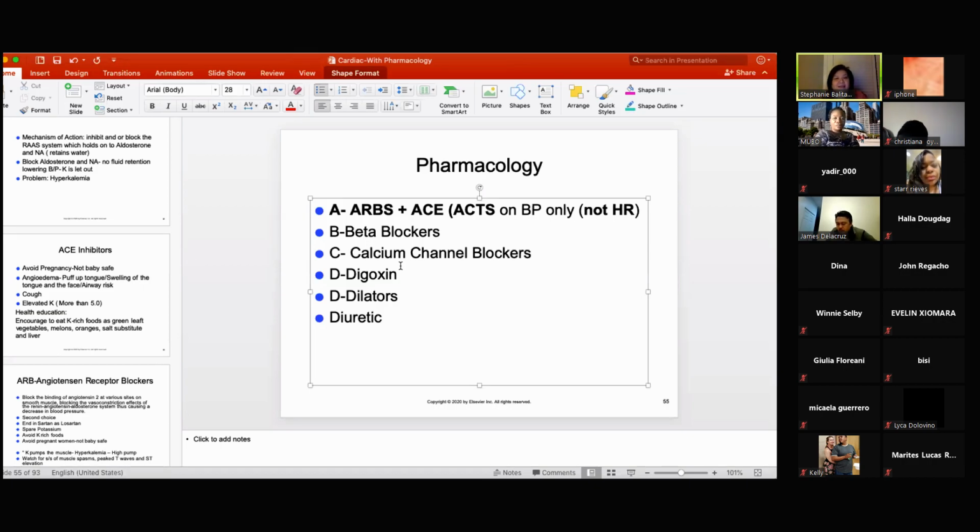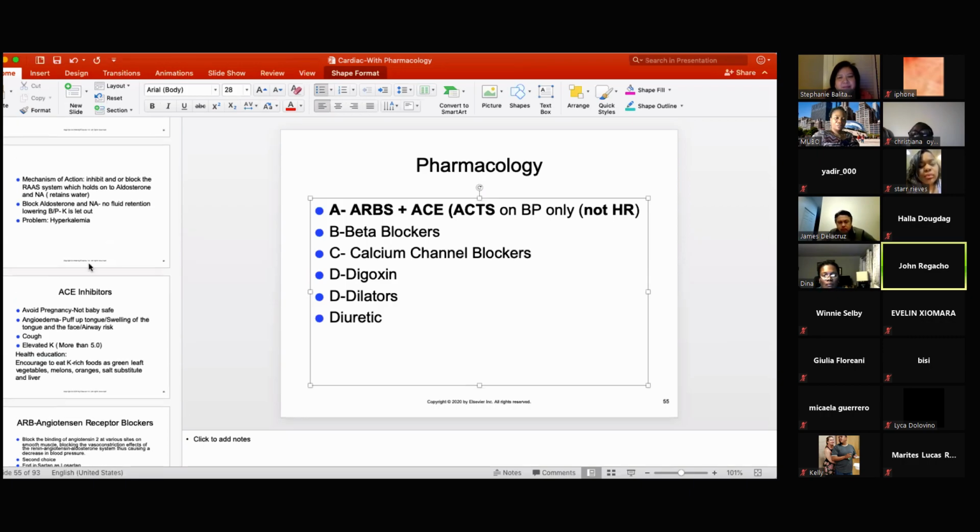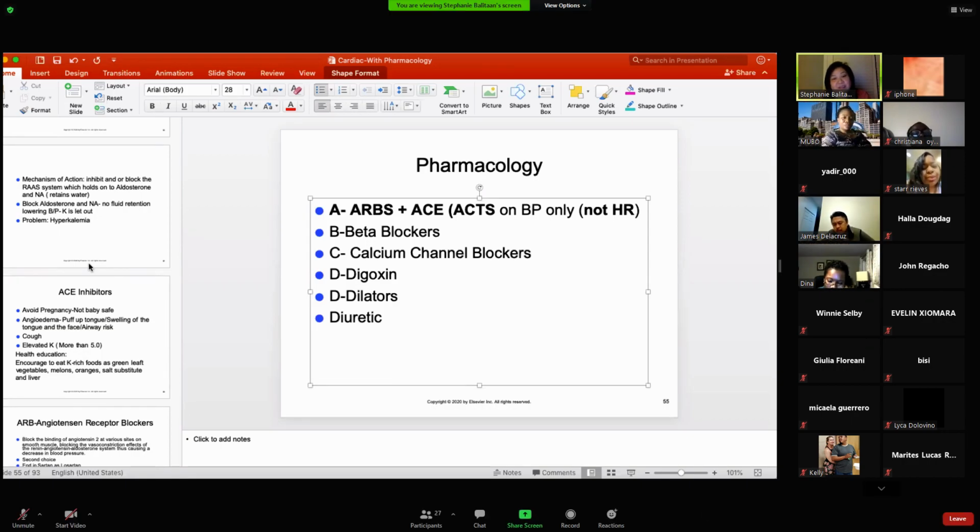But when you get confused, those blockers are antihypertensives, and they tend to lower the blood pressure by working on the heart. Let's just say that. So all of them work on lowering the blood pressure except digoxin. Okay.